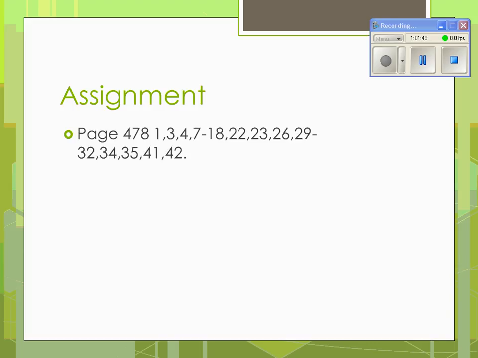This point's going to move down to there. We connect all those. Everybody sort of see that? That's our new triangle, rotated 90 degrees clockwise about that crazy point that they gave us.